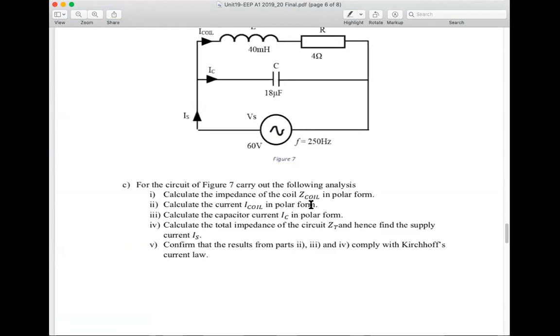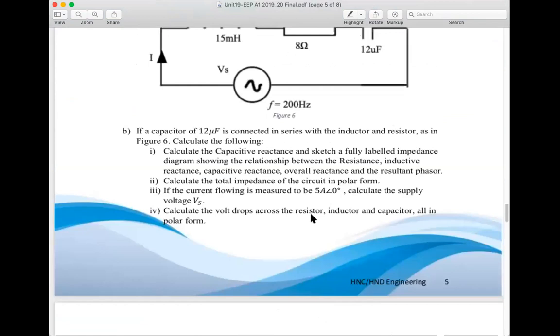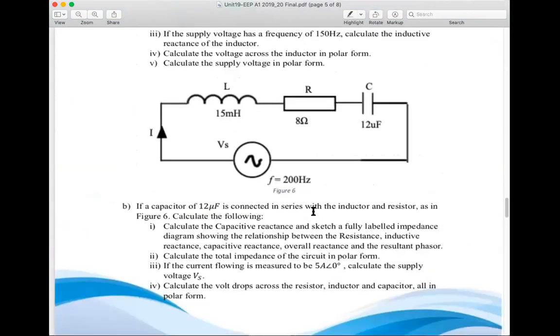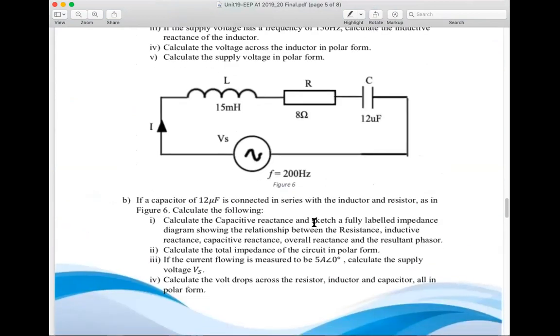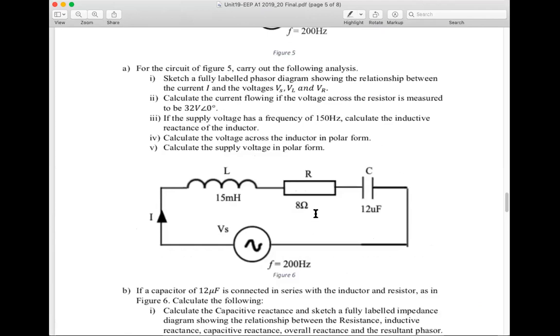Whichever one you've done it with, we'll leave it at that. Don't worry about changing it. If you've done 150, leave it 150. If you've done 200, leave it 200.